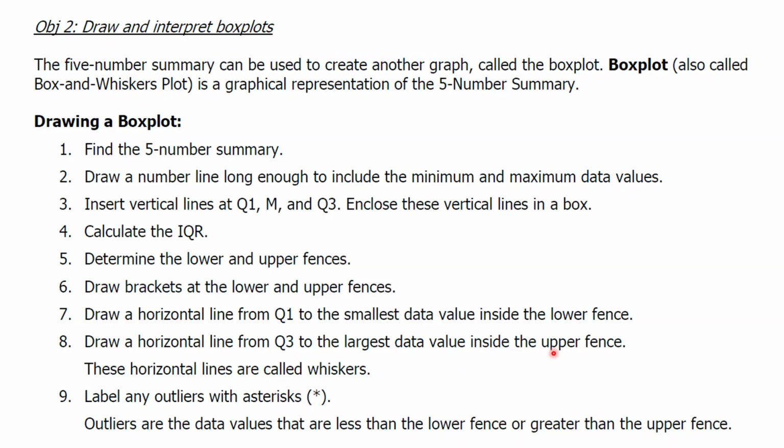Then we'll draw a horizontal line from Q3 to the largest data value inside the upper fence. These horizontal lines that we've just drawn for step 7 and 8 are called the whiskers. Then we'll label any outliers with asterisks. These outliers are the data values that are less than the lower fence or greater than the upper fence.